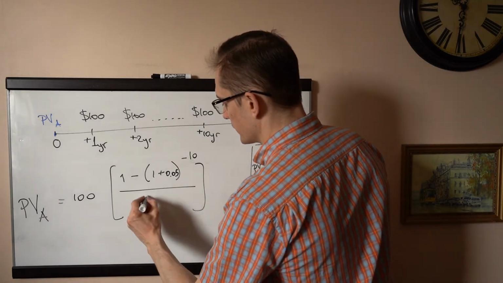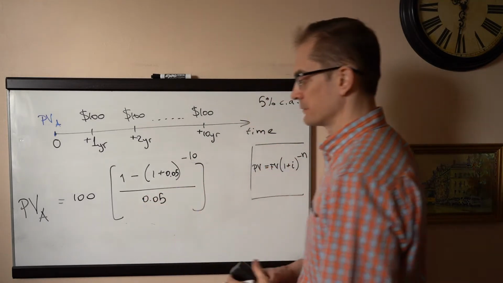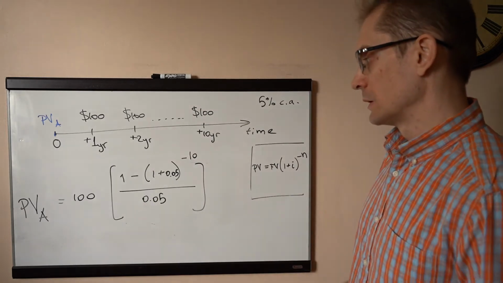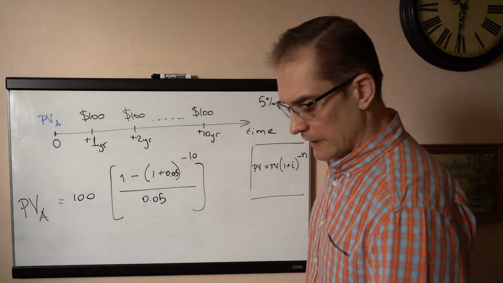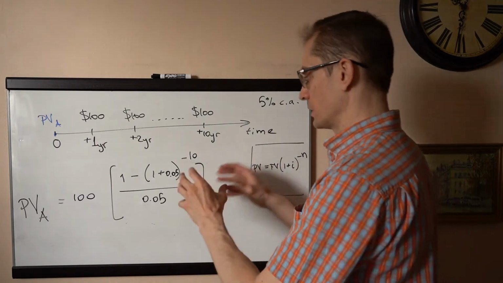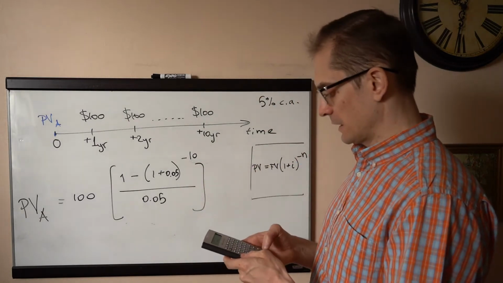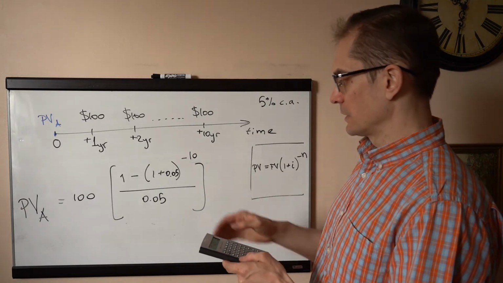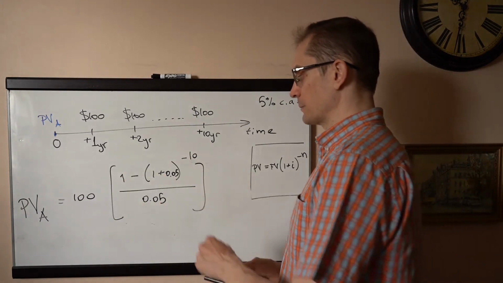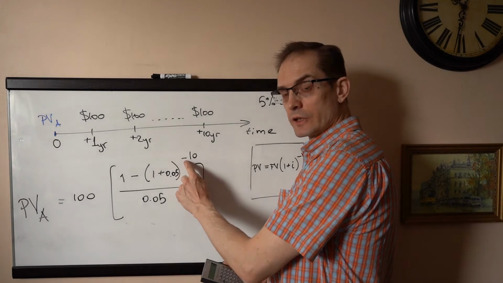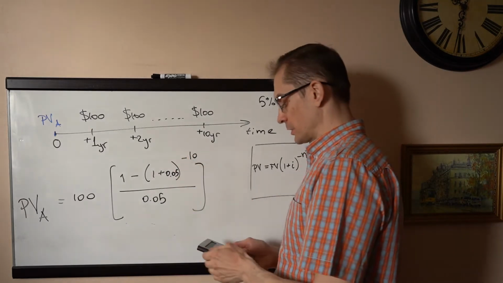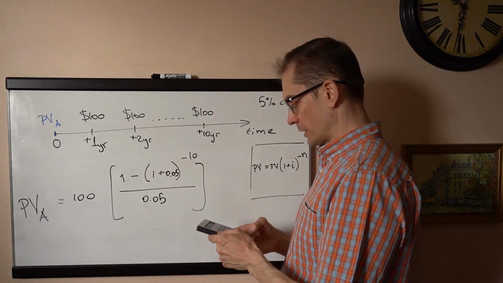And here we also have 0.05. If we use that formula and put values in, we can follow BADMAS and calculate this present value. When you follow BADMAS, keep in mind it's a negative exponent here, so you have to appropriately use the negative exponent in your calculator.